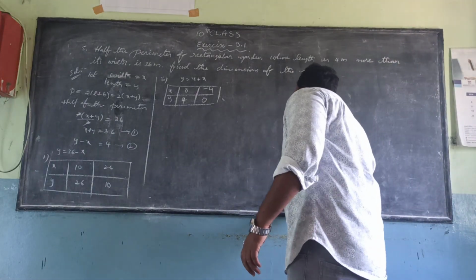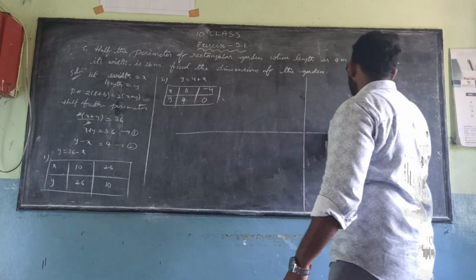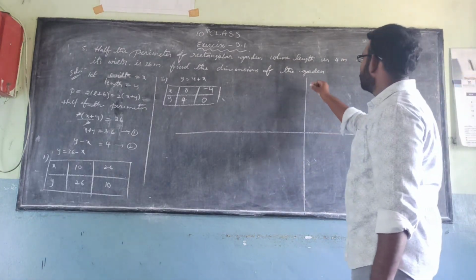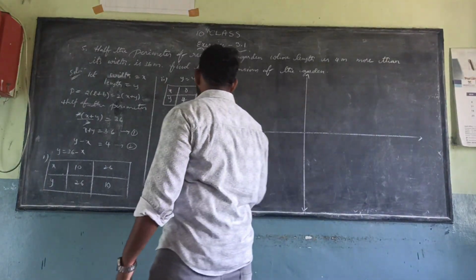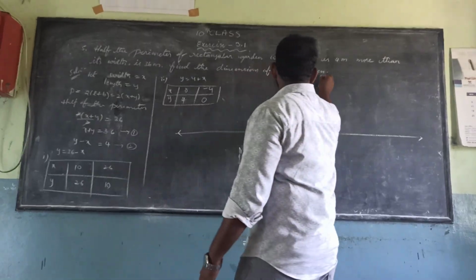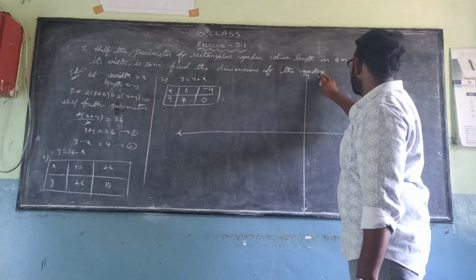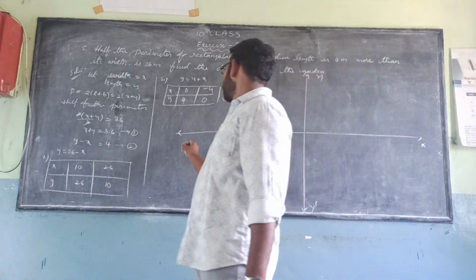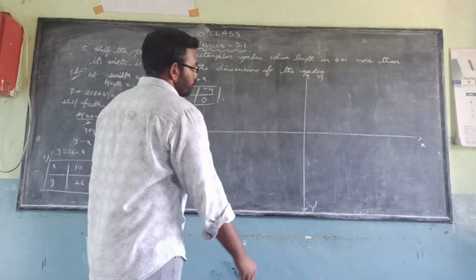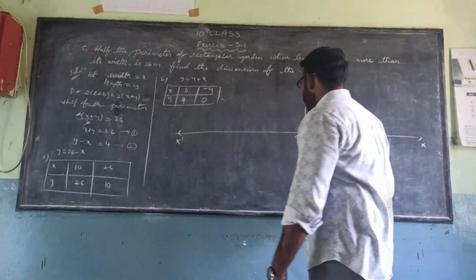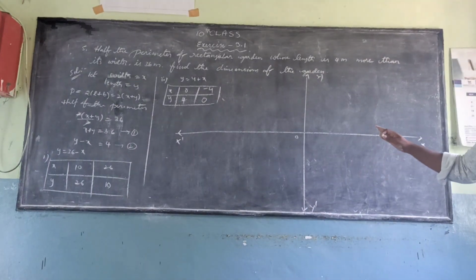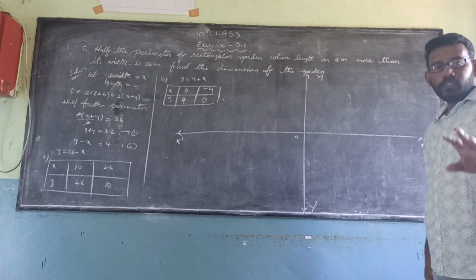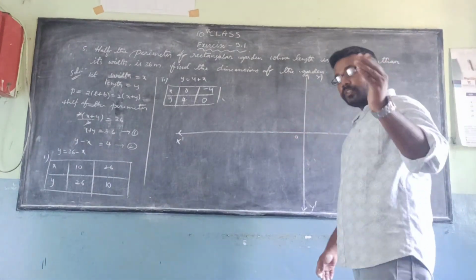So y dash, x dash. So this is 0. I am taking 4 units on the x axis and 4 units on the y axis.